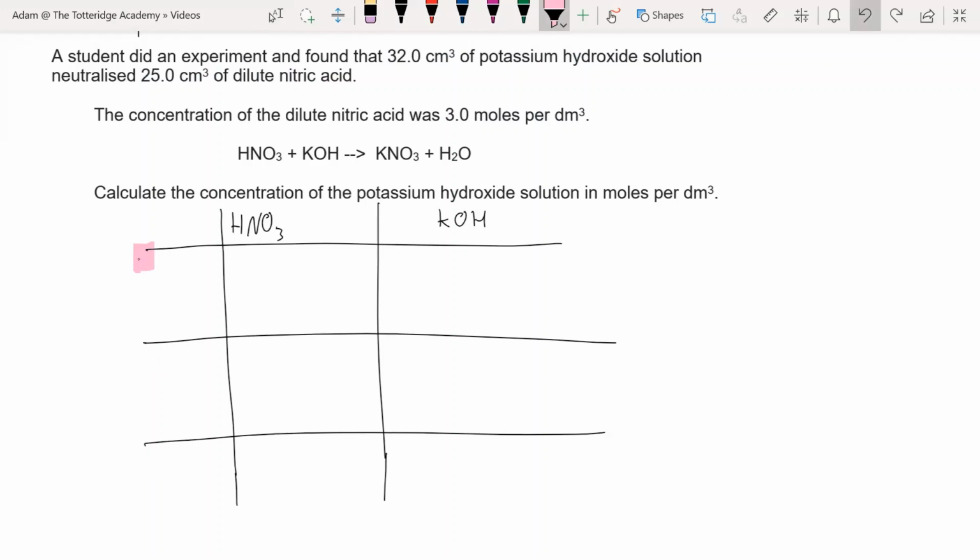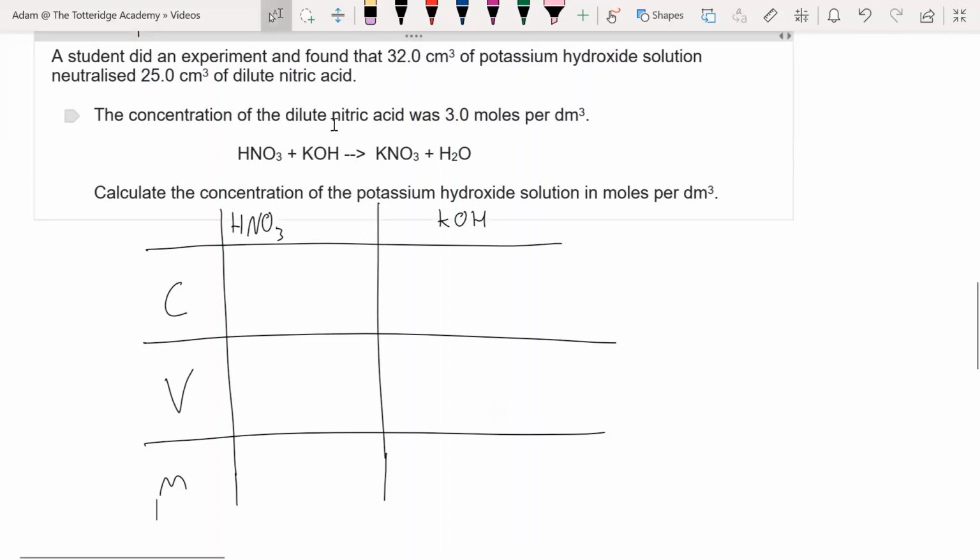So I'm hoping that you filled out your creepy violent monster method. C is concentration. For HNO3, do I know the concentration of nitric acid? Yes, I do. The question says the concentration of the dilute nitric acid was 3 moles per dm³.